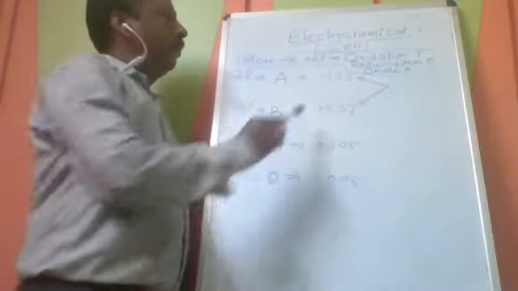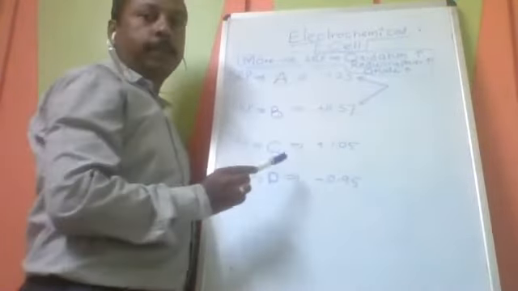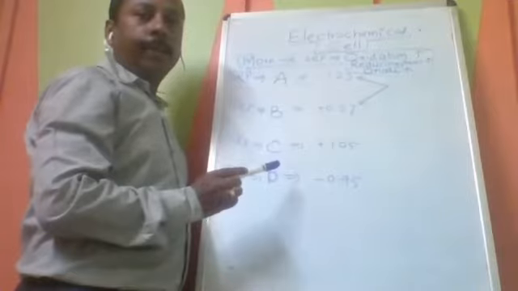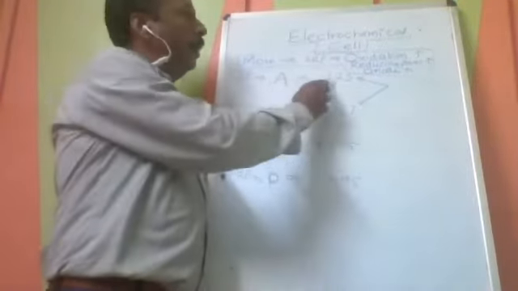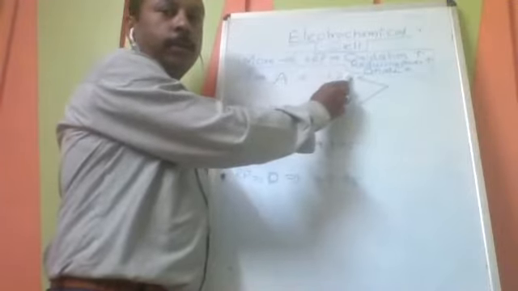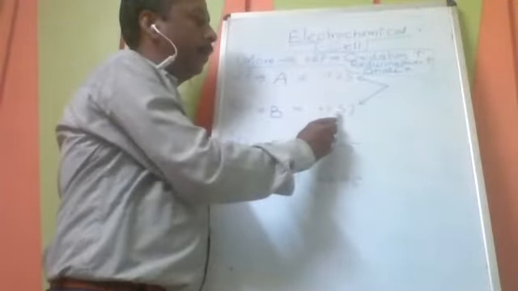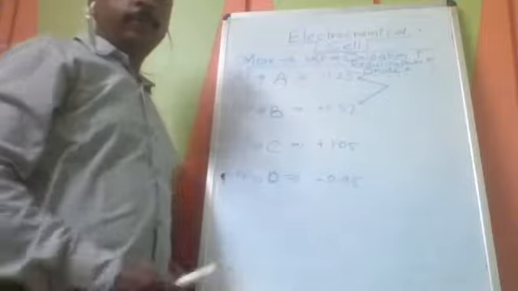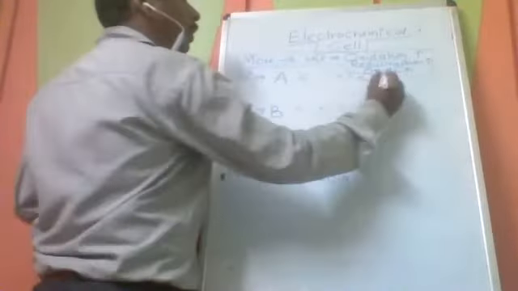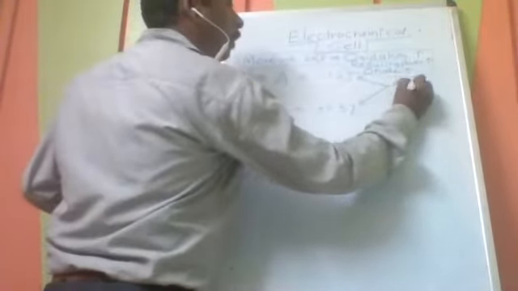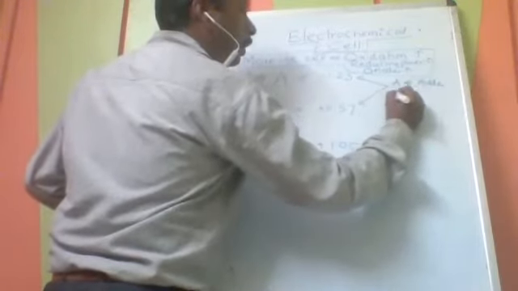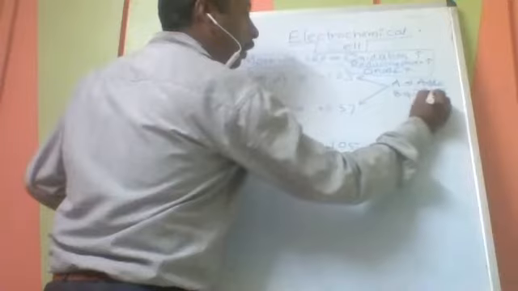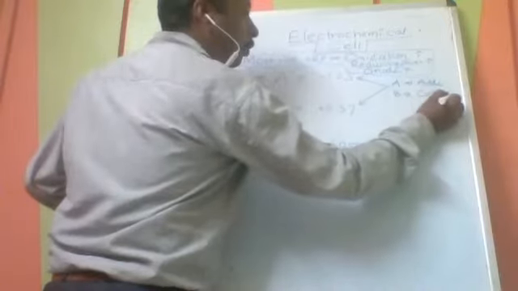Taking A and B as examples, A is minus 1.23 and B is plus 0.57. In this condition, A will be acting as anode and B will be acting as cathode.